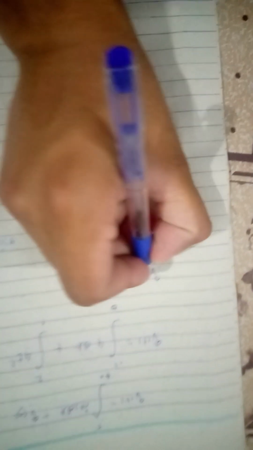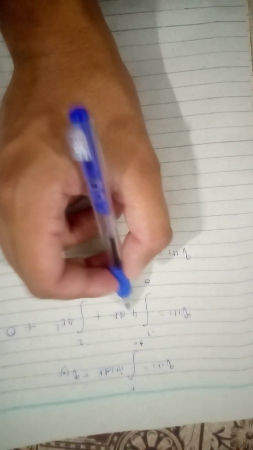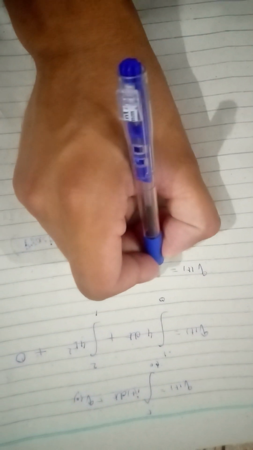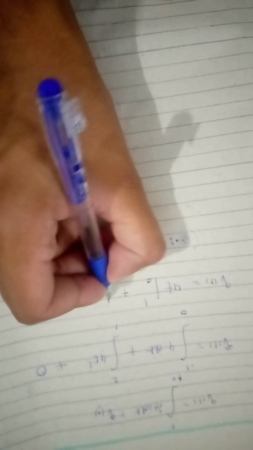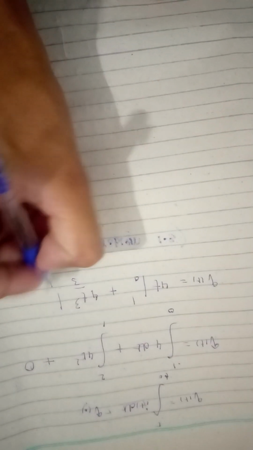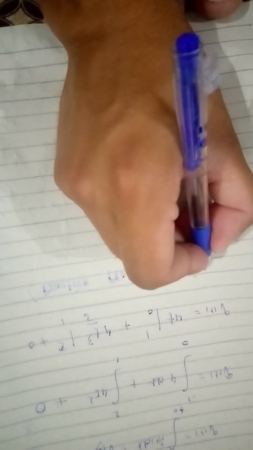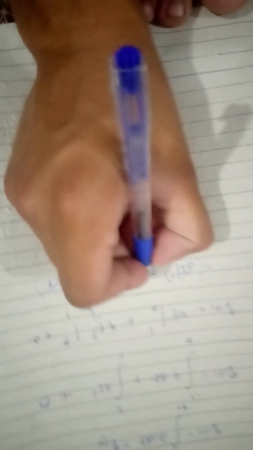So q of t will be equal to the integration of 4 dt, which will be 4t from 0 to 1, plus the integration of 4t square, which will be 4t cube by 3 from 1 to 2, plus 0. This will become 4 into 1 minus 0.